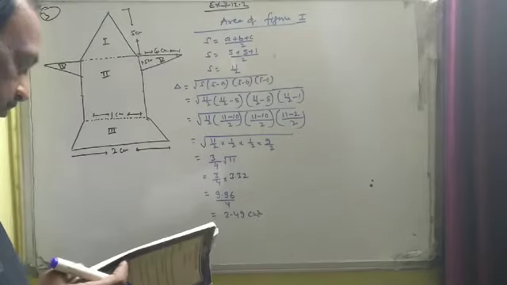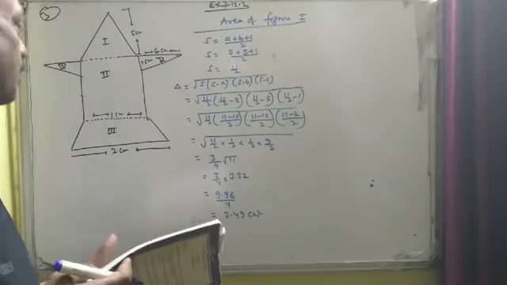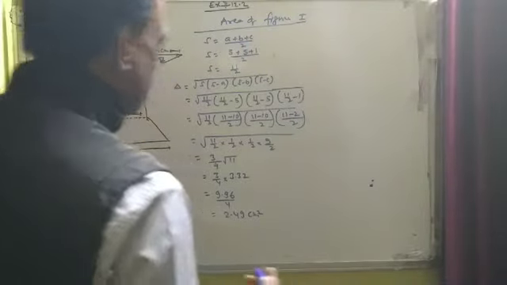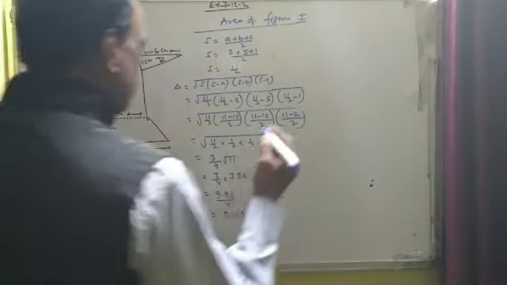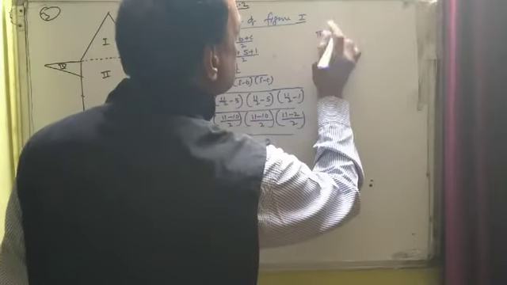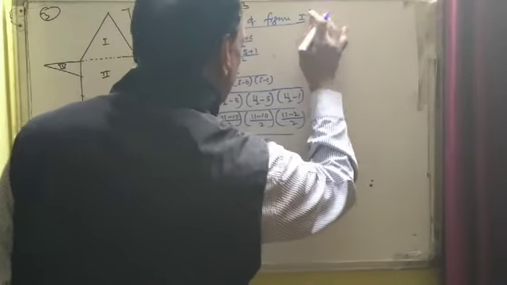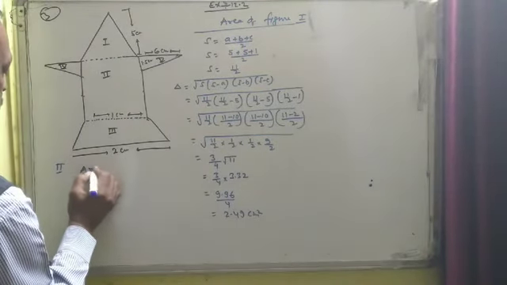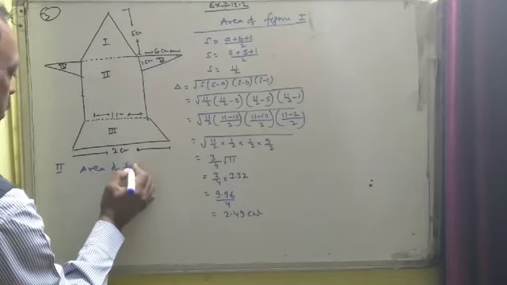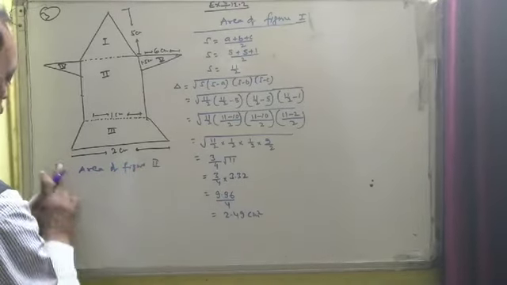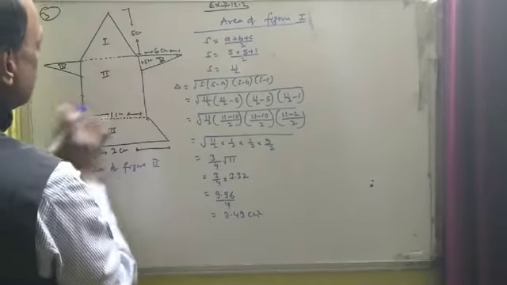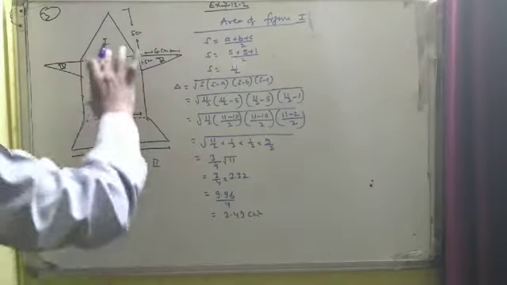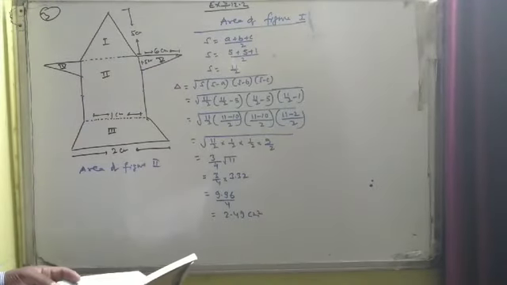After this, the second figure, figure number 2. So just take here the figure number 2, the area of figure 2. Figure number 2 is a simple rectangle, and here the breadth is 1 and the length, I think it is given 6.5.